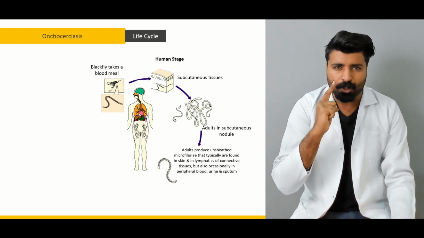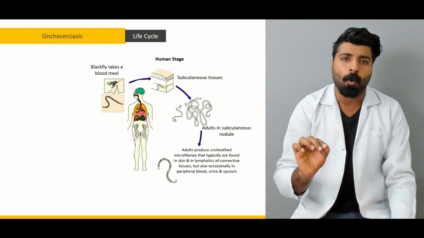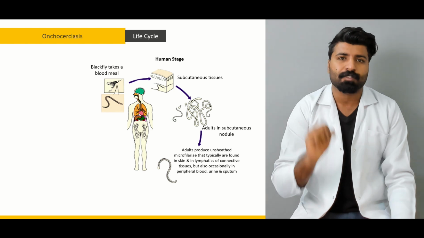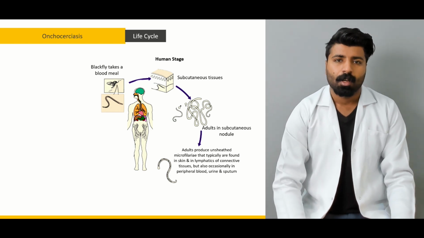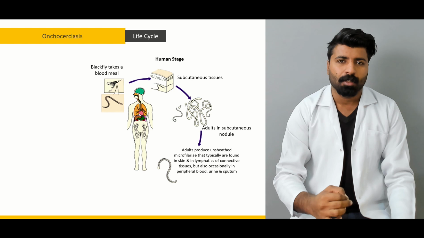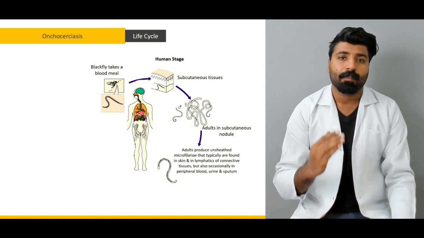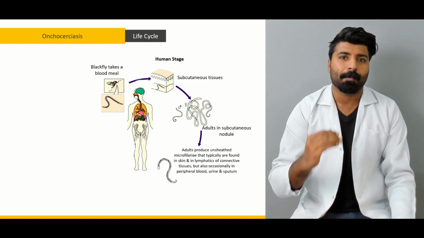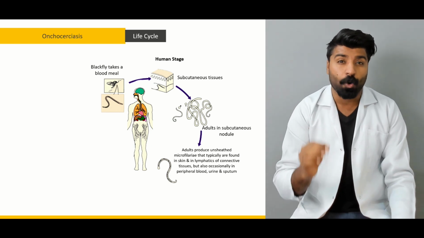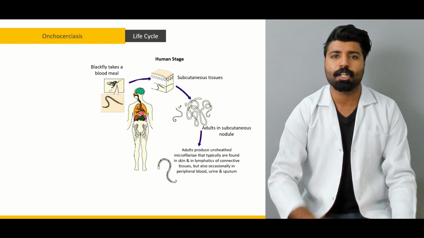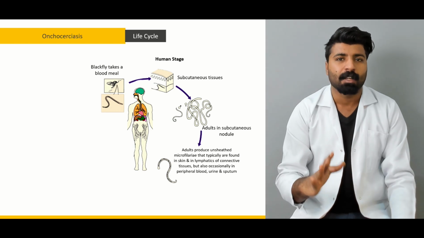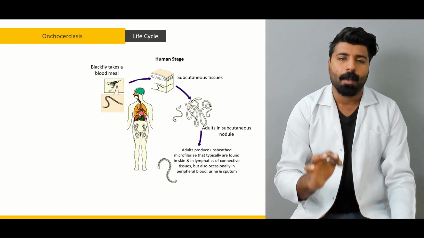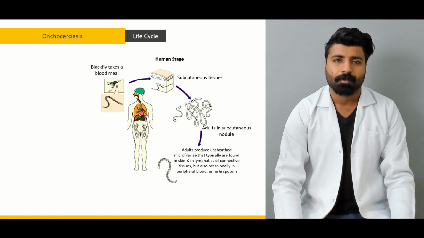Why they're going into the blood is the most important question in their life cycle. How is it the most important question? Because if these larvae are not picked up by the black fly, they are going to die in the blood. They don't have any means to survive. They have to be picked up by some black fly.